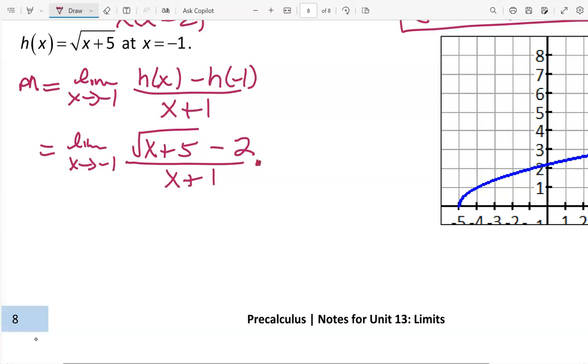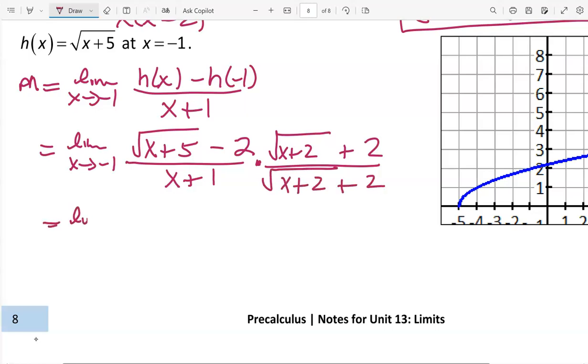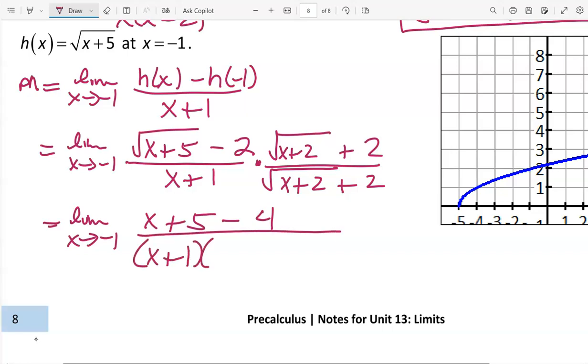We can eliminate the discontinuity in this slope function by multiplying by the conjugate of the numerator in both the numerator and denominator of this fraction, and that will give us x plus 5 minus 4 divided by x plus 1 times the square root of x plus 5 plus 2.